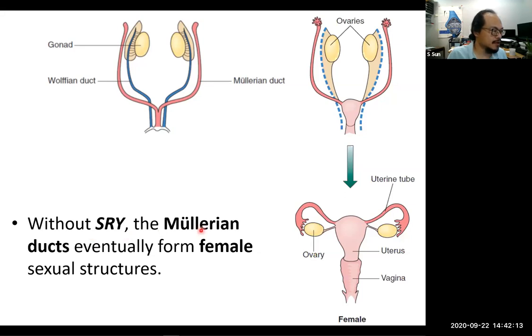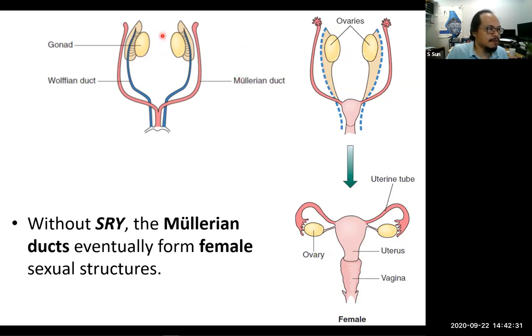The Mullerian duct will remain, and with no SRY, the Wolffian duct will have no support to sustain it, and it will degenerate.